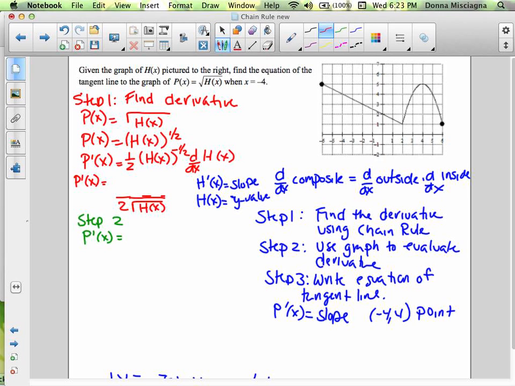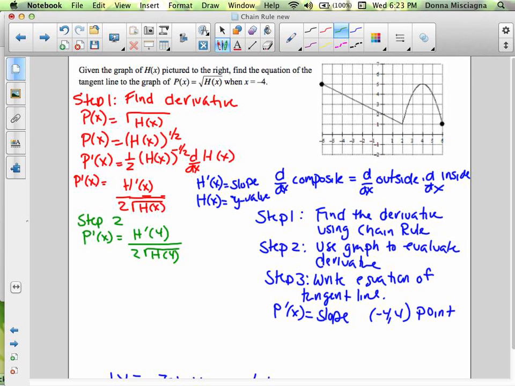Let's just take the derivative. So p prime of x is h prime of -4 divided by 2 square roots of h of -4.